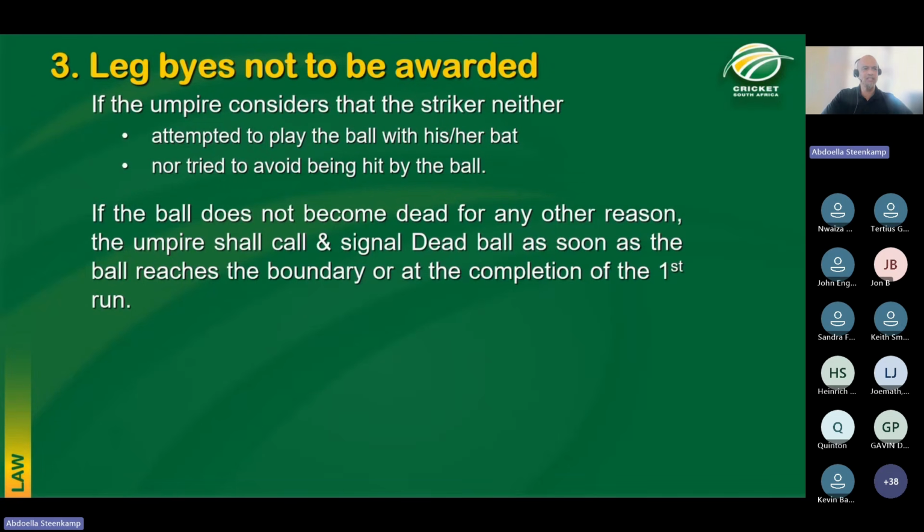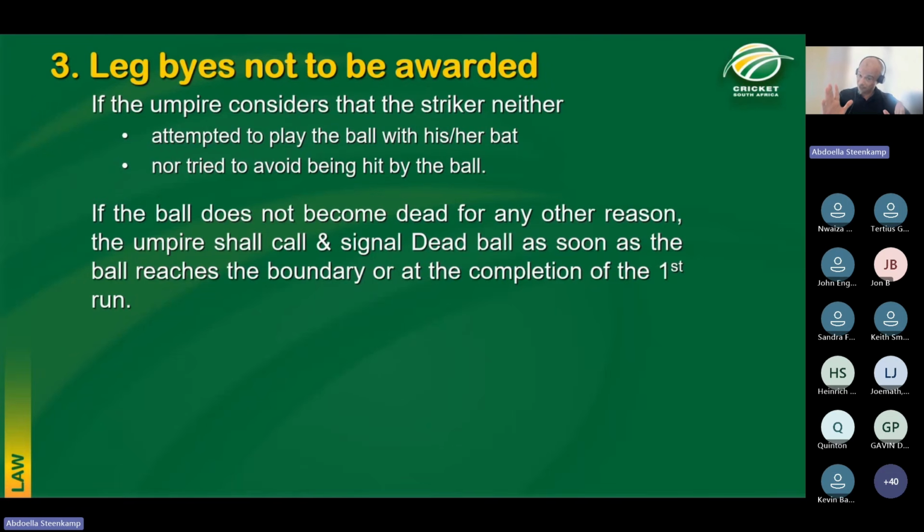Why do you only intervene then? You need to give the fielding side an opportunity to try to run out either of these batters. It's not the fielding side's problem that they didn't know the law. So if it hits the pad and they do run, and they're not supposed to run because the batter shouldered arms and didn't play at the ball, the law gives the fielding side an opportunity to run out either of those batters.